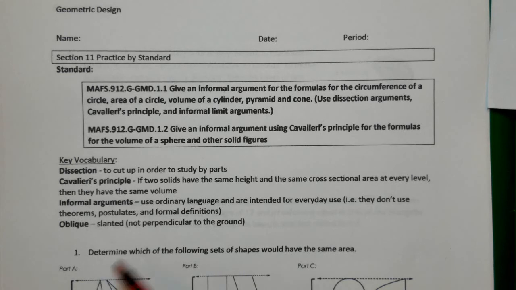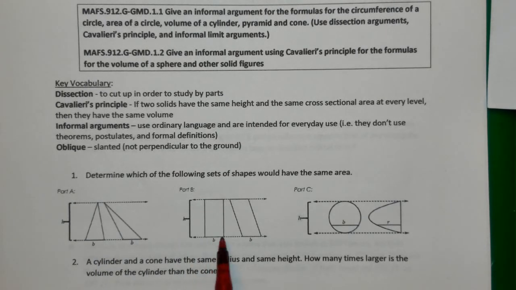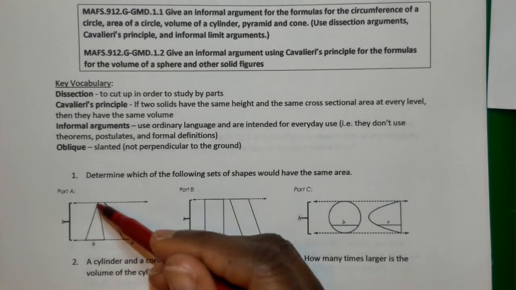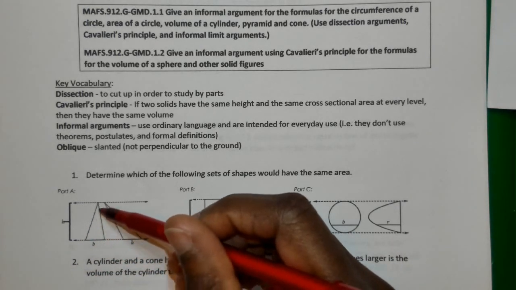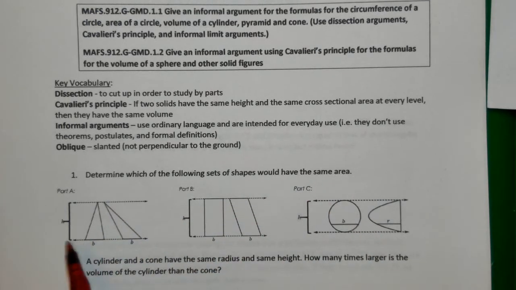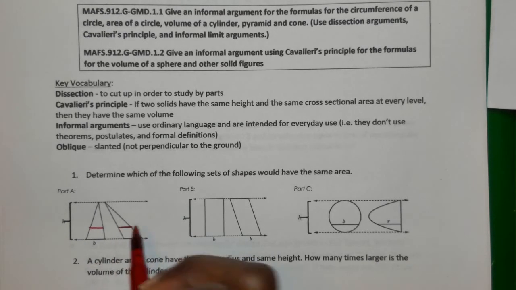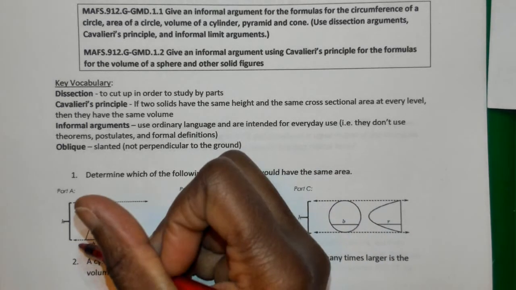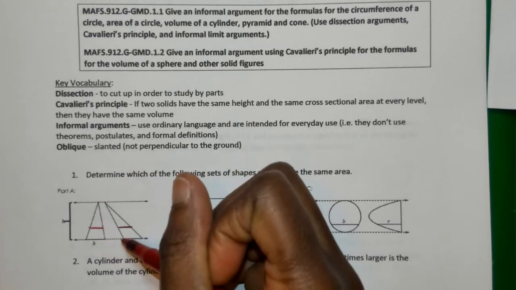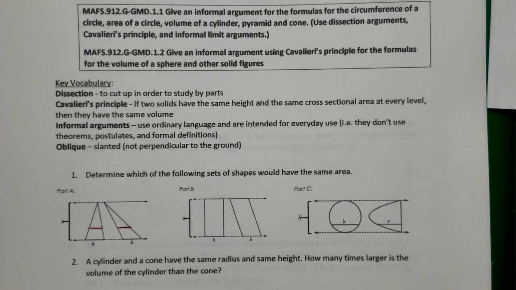It's difficult to do it with this, but basically for area, if you have two objects that have the same base dimension and the same height, so the top point to the very bottom point is the same, then if they maintain thickness at every point, even if they are offset from each other, so at this point here along the figure and this point here, the widths are the same, then they have the same area. So two triangles that have a base and a height that are the same, even if the base is here and the height is outside of the triangle, they're going to have the same area. And that's what the principle is basically saying, and that's true even for volume.